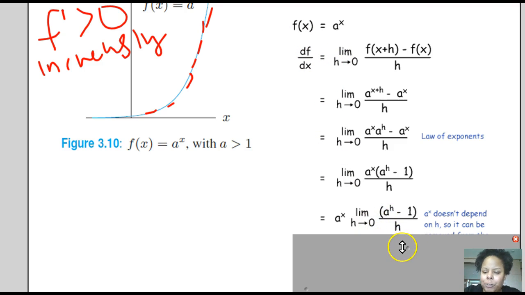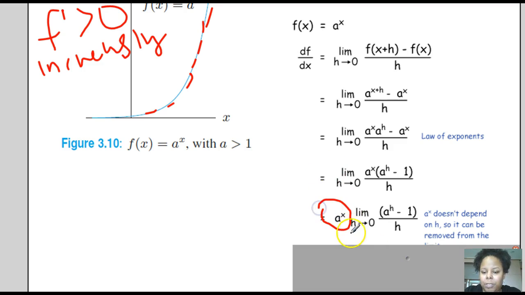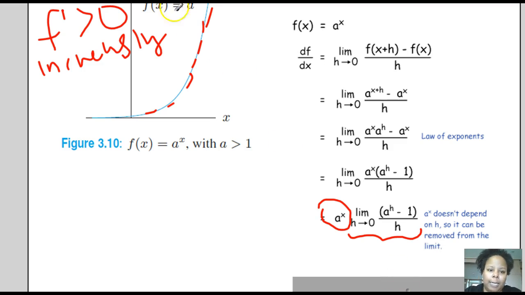So in order to determine our derivative function, we know that it's going to involve a to the x, but it's also going to involve multiplying a to the x times the limit of the function a to the h minus 1 over h. Let's call that a k value, okay?